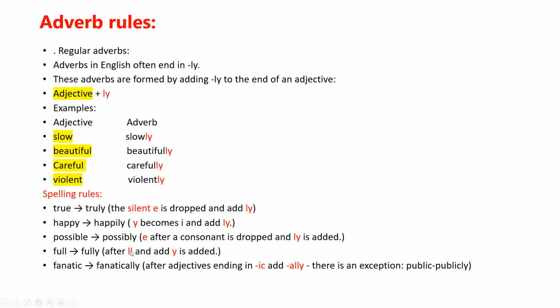In this case, that the adjective ends in double L, you just add Y. In this case, that the adjective finishes in IC, we add ALLY. An exception is public, that you only add ly, publicly.